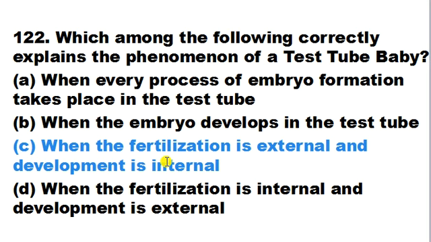After fusing they make the embryo, and the doctor will transfer this embryo directly into the woman's womb or uterus. So here the answer is, what does test tube mean here? When the fertilization is external, that means outside the body, and development is internal, that means inside the woman's womb or uterus. So here the correct answer is C.